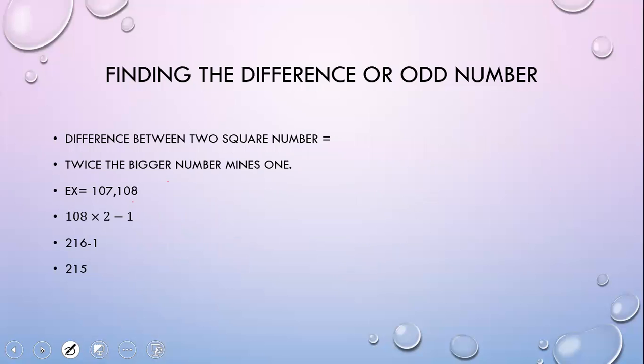For instance, let's say we were given two big numbers, let's just say 99 and 98. How will I know the difference between their squares? It's easy.